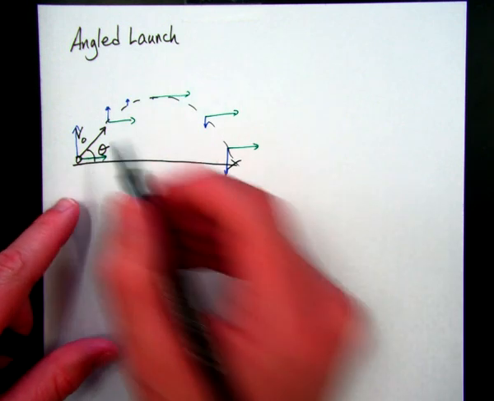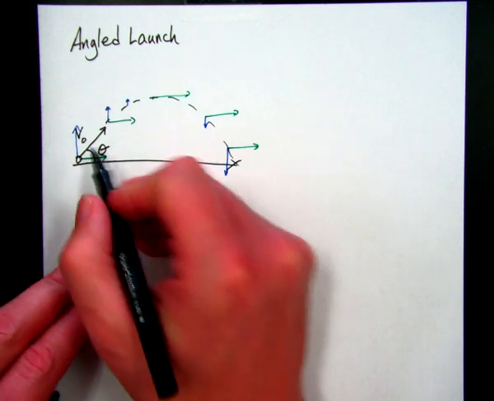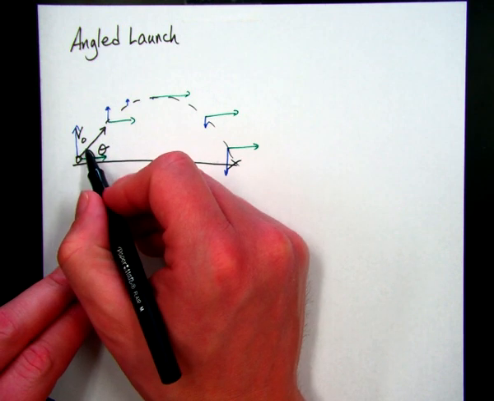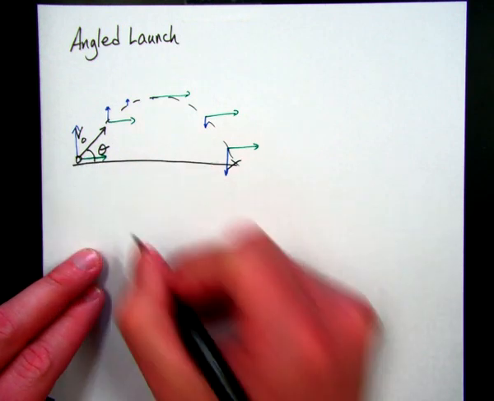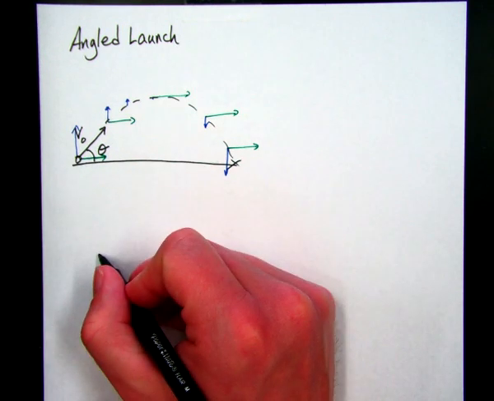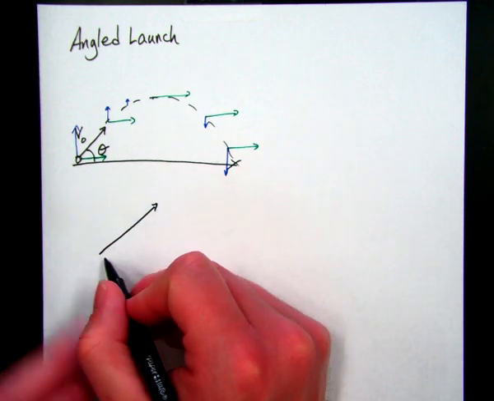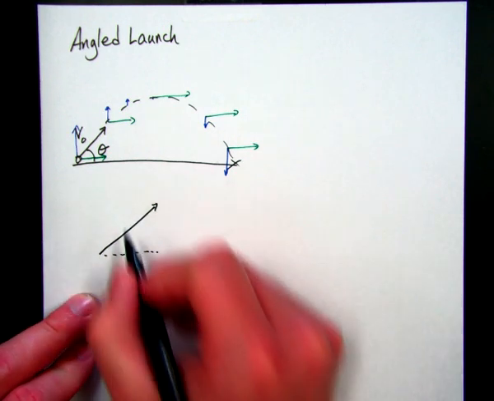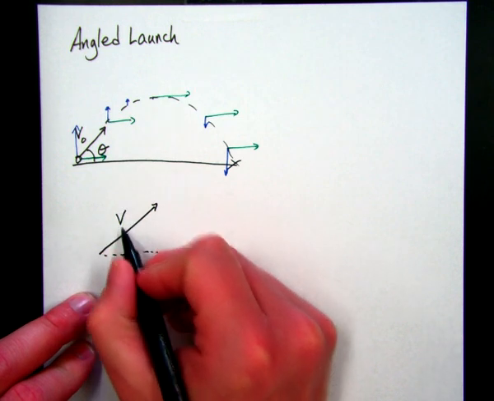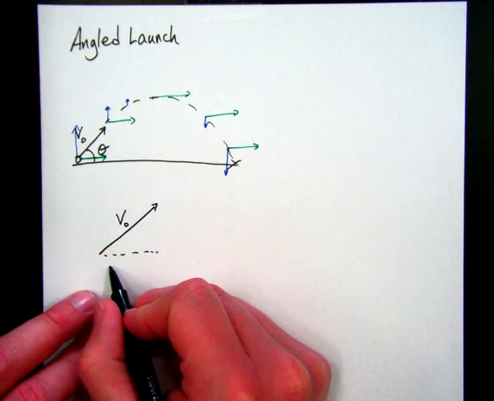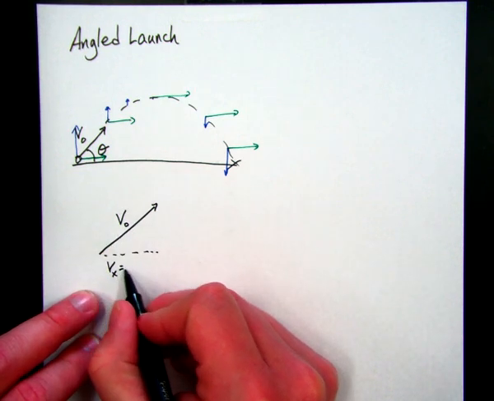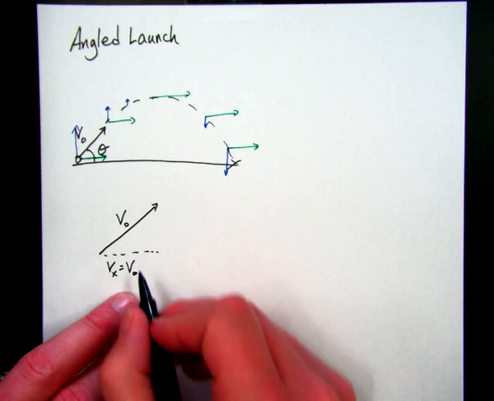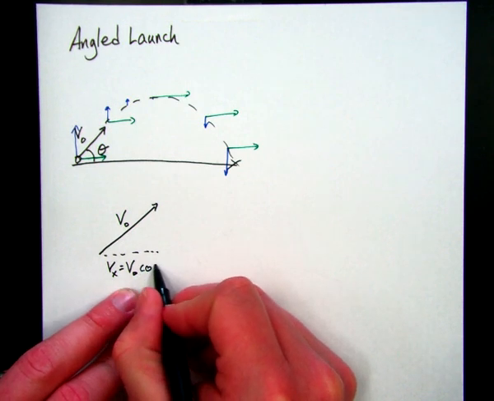Now, what makes this a little bit difficult is often we know the launch velocity here, and we need to split that up into x and y. So if I think of a triangle, this is like what we did in our force vectors. The horizontal part, if this is v naught, Vx will be the initial velocity times the cosine of the angle.